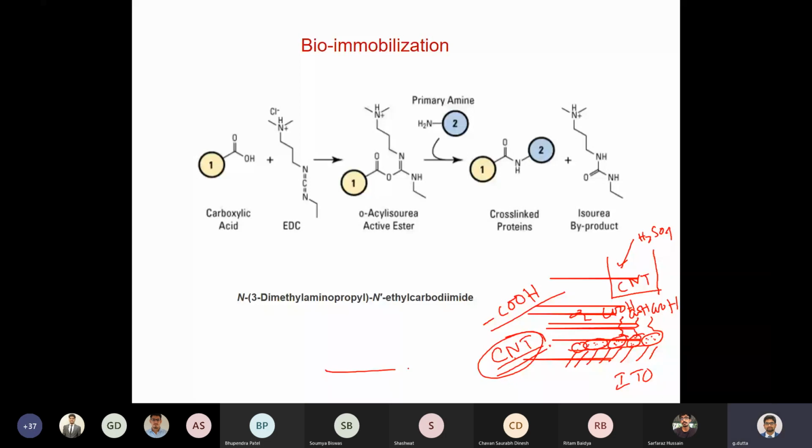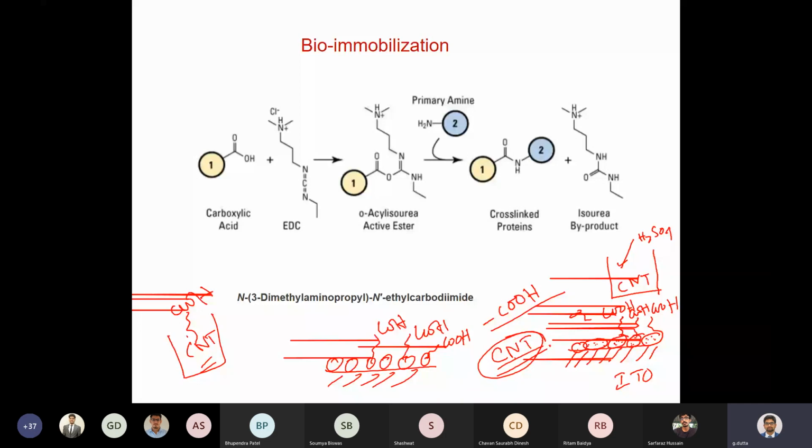So that nanoparticle you can drop. So now your surface becomes a carboxylic acid group surface. Now that carboxylic acid group you can activate by EDC NHS. By EDC plus NHS you can easily activate. So after activating by EDC NHS, you can add primary antibody that contains amine.